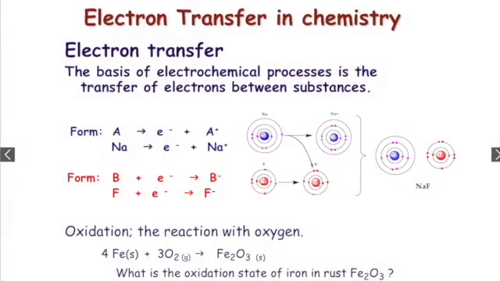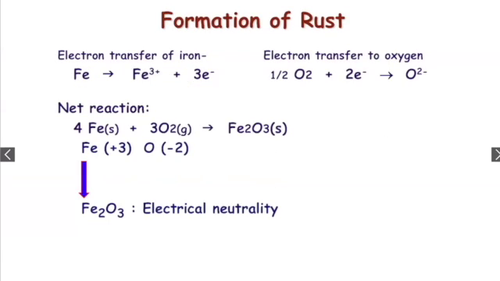So oxidation is the process in which a species increases its charge. Reduction is the process in which a species gets reduced in its charge. Okay, so in this particular case, here's another example. Iron goes to iron plus 3, loses electrons, it gets oxidized because the charge is increasing. Yet in the process of becoming +3, it loses electrons.